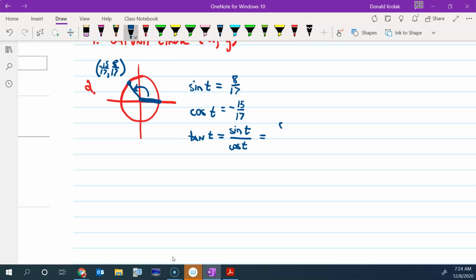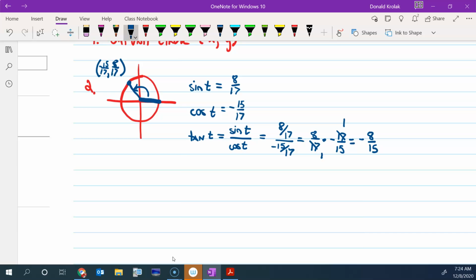So 8 over 17 is my numerator, and negative 15 over 17 is my denominator. I end up with negative 8/15.